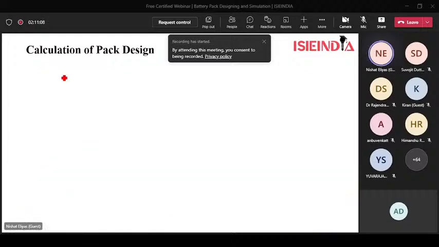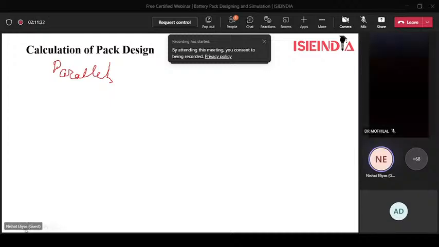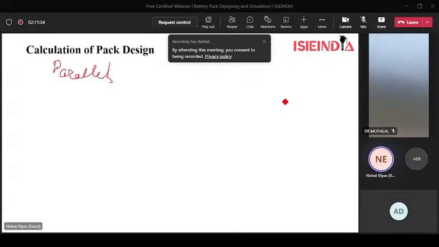And for the parallel, let us suppose that our cell is rated at 1 ampere hour, that is its capacity is 1 ampere hour.